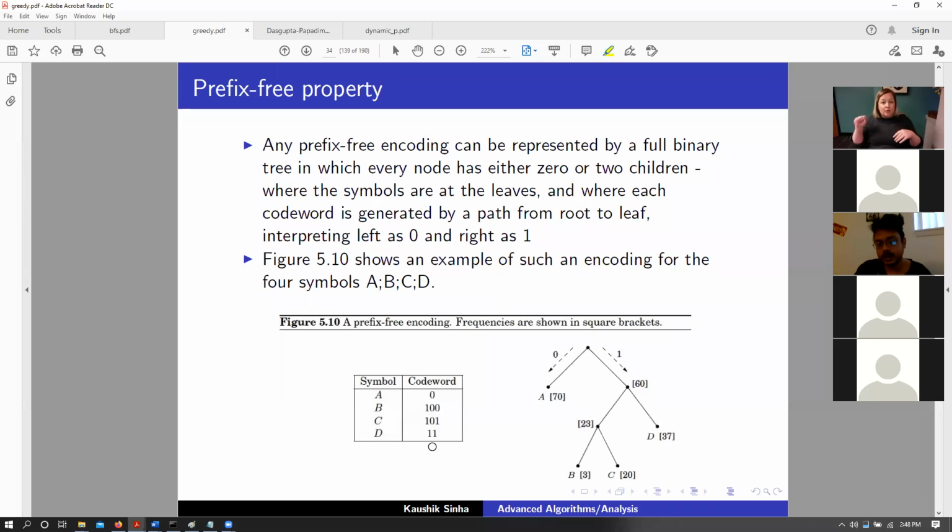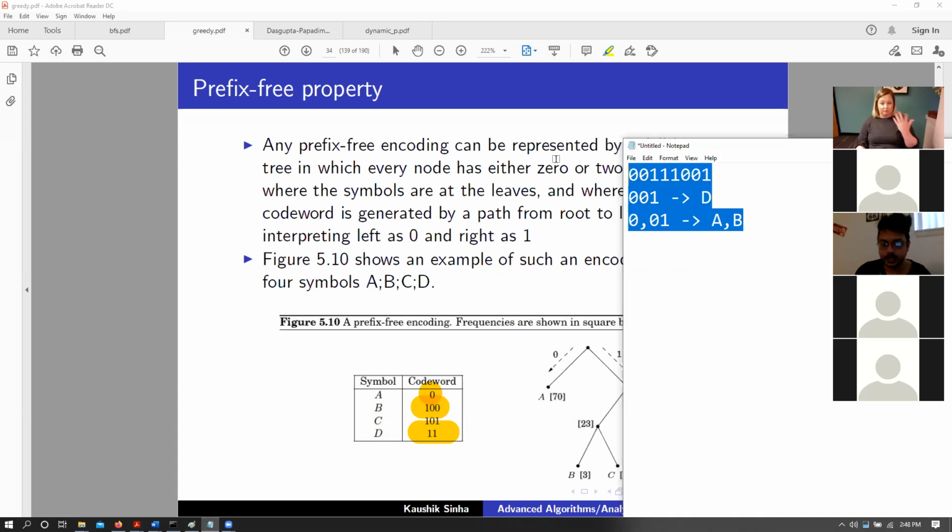So essentially what it can do is represent A with 0, represent B with 100, represent C with 101, and represent D with 11. So now if you see the same note for A, B, C, D, and you represent it using this Huffman encoding, you get 0, 100, 101, and 11.